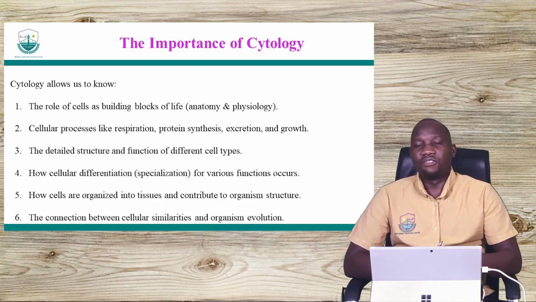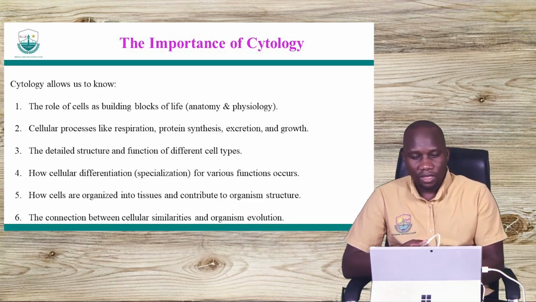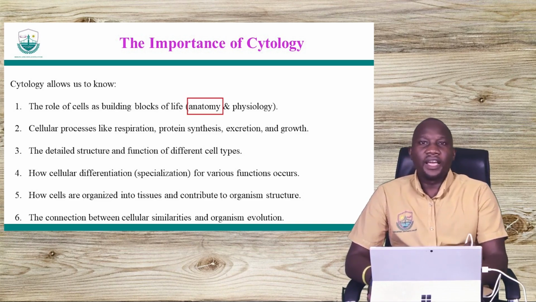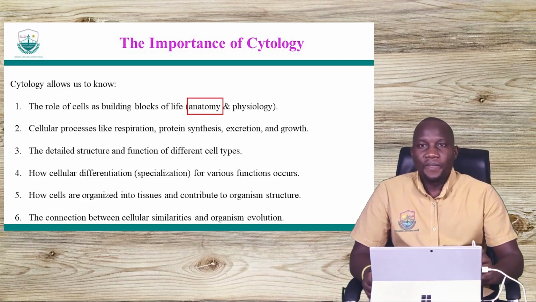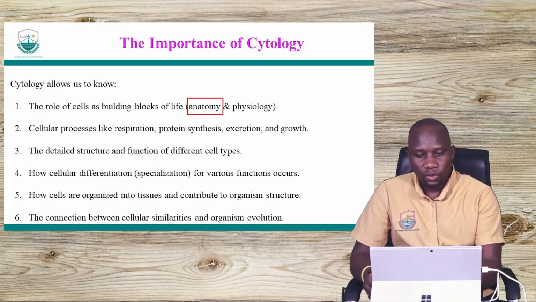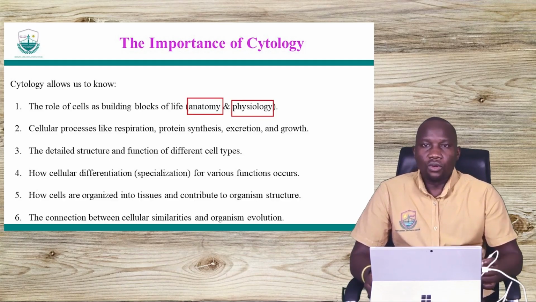The study of the structure of organisms is what we call anatomy. And when we study how biological processes happen, or how the body works, that is what we call physiology.